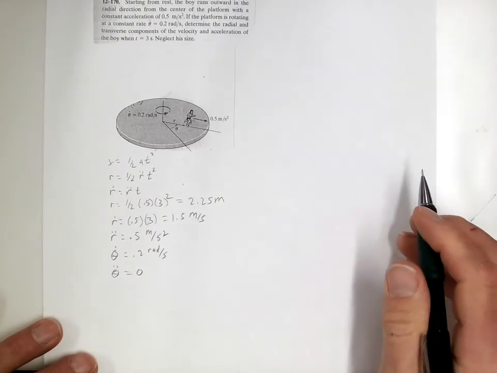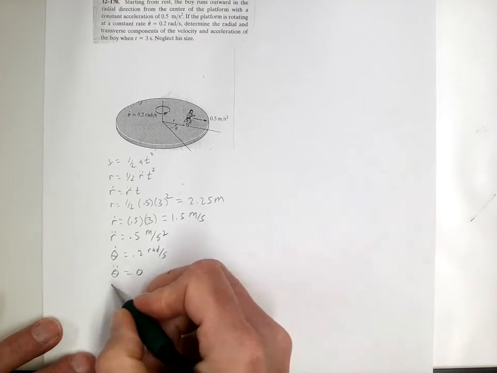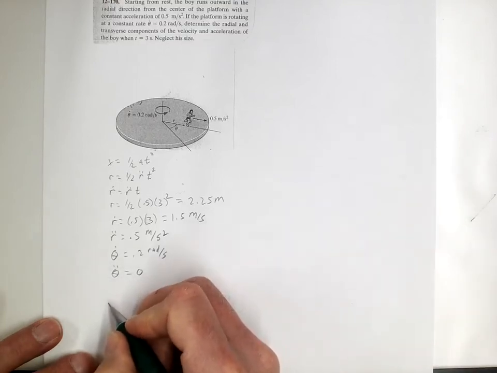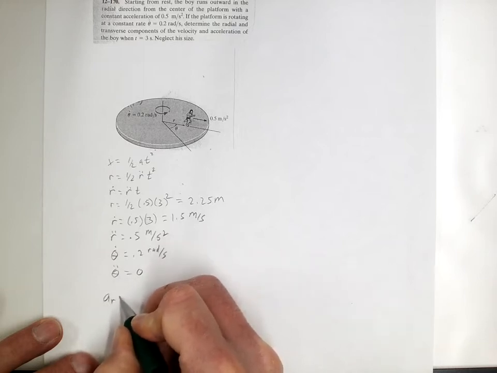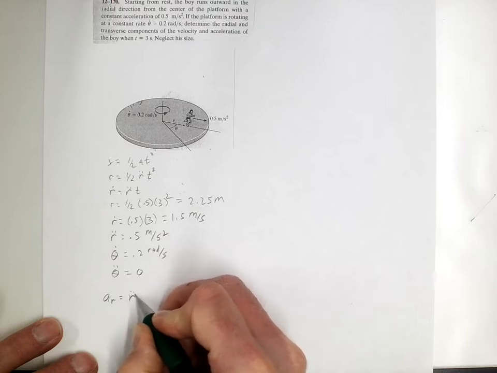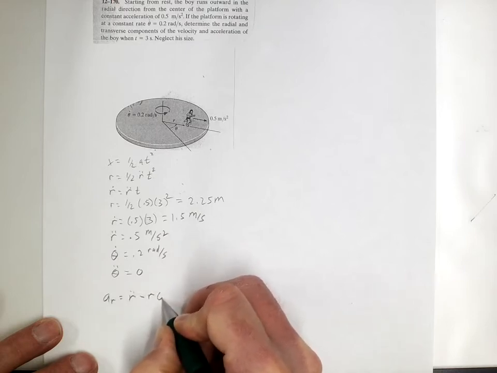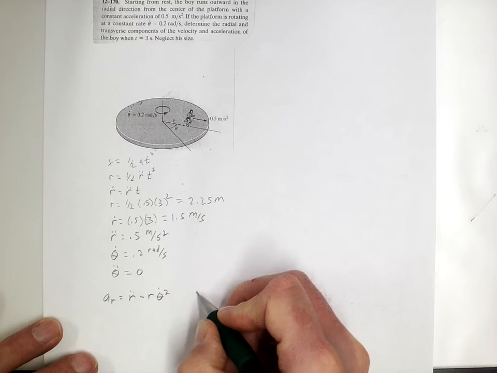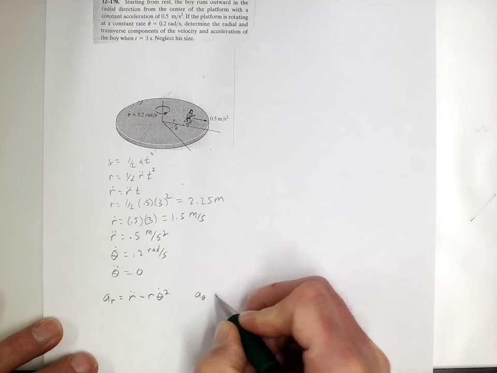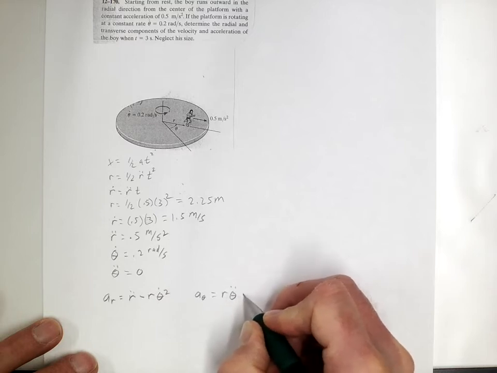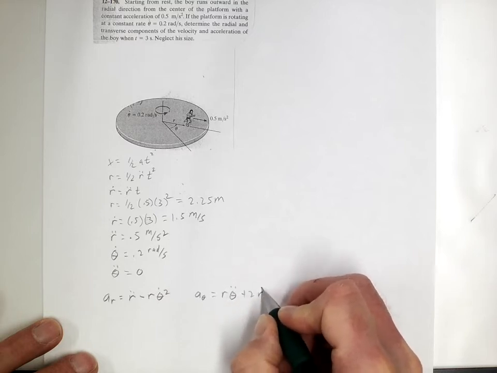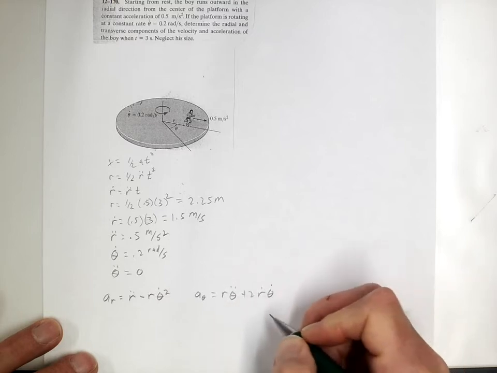And then we use the equations for radial and tangential, or transverse, acceleration. The radial acceleration is R double dot minus R theta dot squared. The tangential acceleration is R theta double dot plus 2 R dot theta dot.